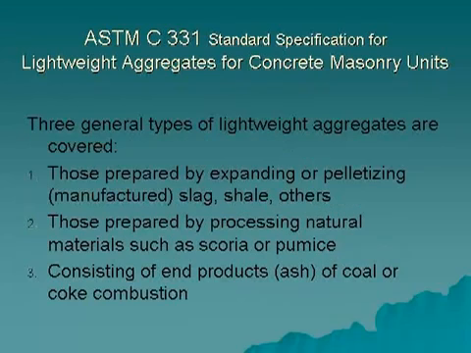Within ASTM C 331, there are three types of lightweight aggregates addressed, all types having to meet the same minimum requirements contained in the specification. The three types are generally grouped as manufactured, naturally extracted, and industrial byproducts. Expanded shale is a manufactured aggregate.